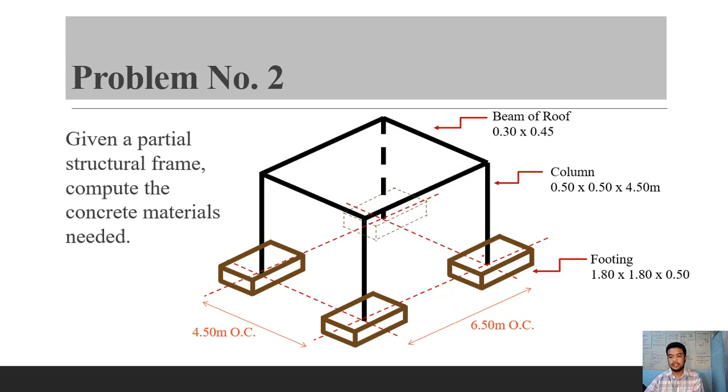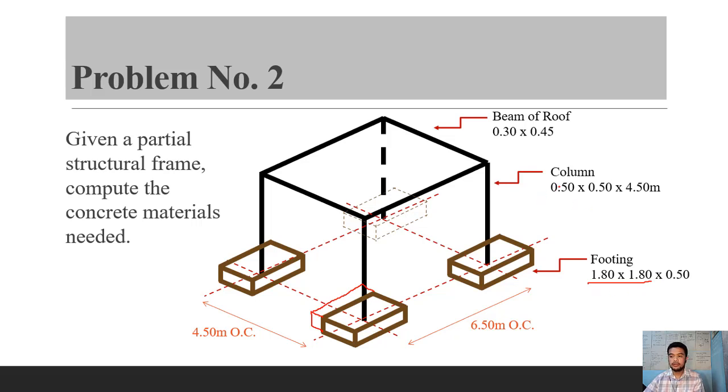So we already have here the dimensions. As we can see, this footing has a dimension of 1.8 by 1.8. So do not be confused. You should base your dimensions on what is specified here. This is not really a rectangle but a square, because that is 1.8 by 1.8.